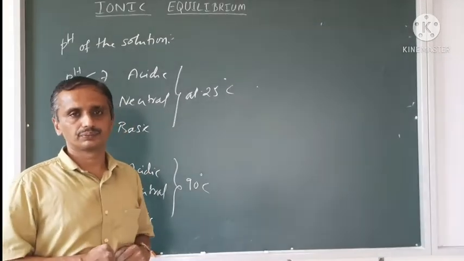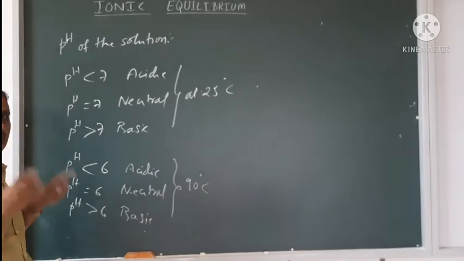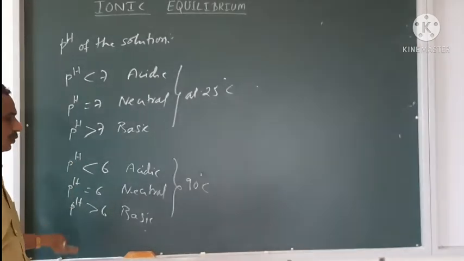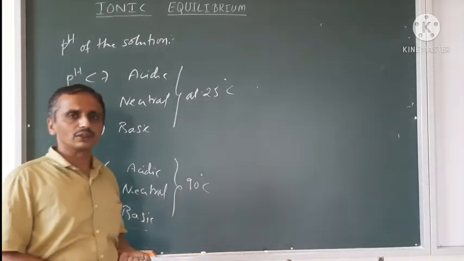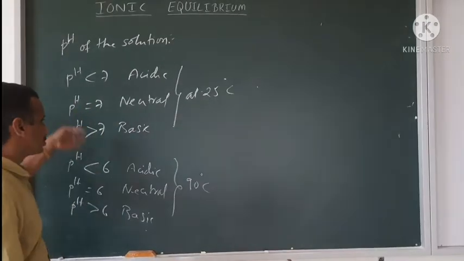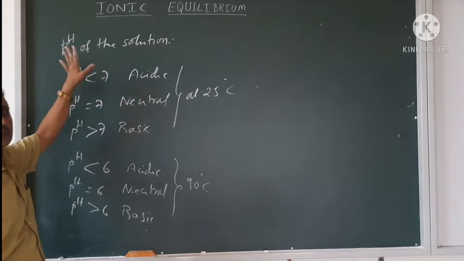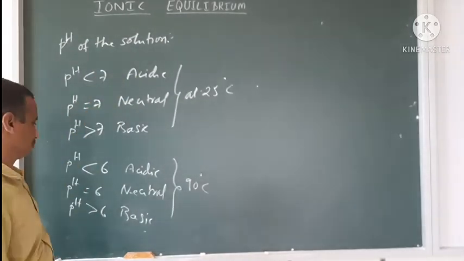Note on this, because as the temperature increases, the H plus or the OH minus concentration changes. Therefore, the same value will not be there for the neutral, acidic or the basic nature of the solution.